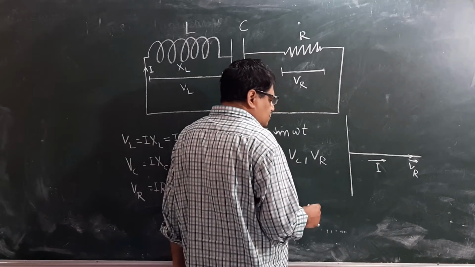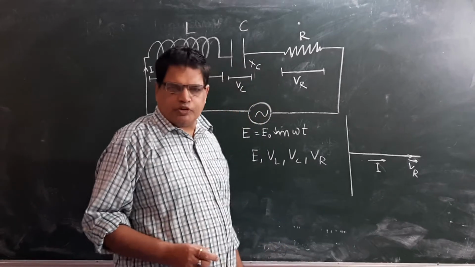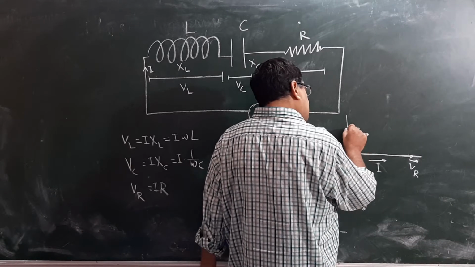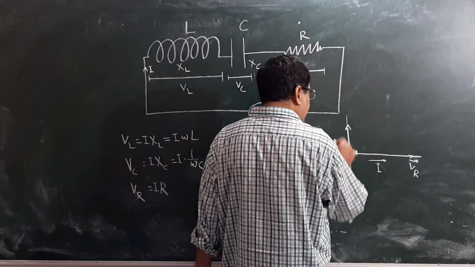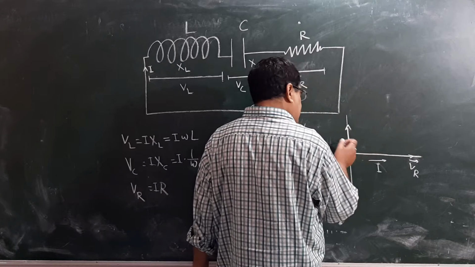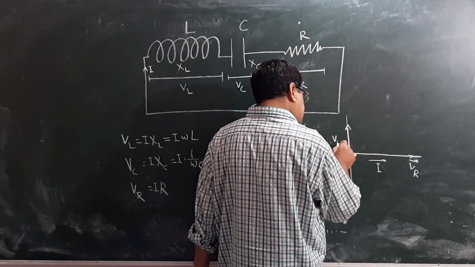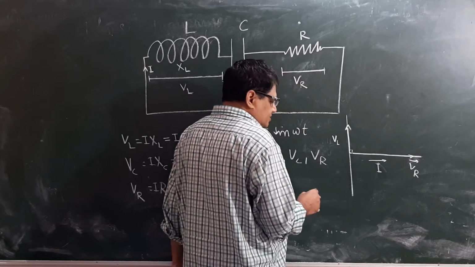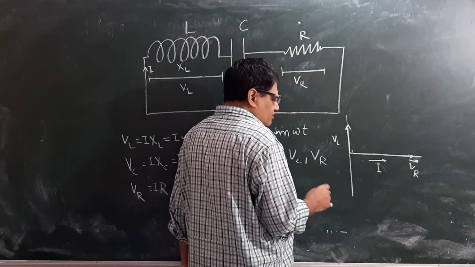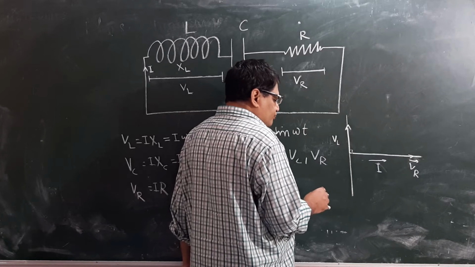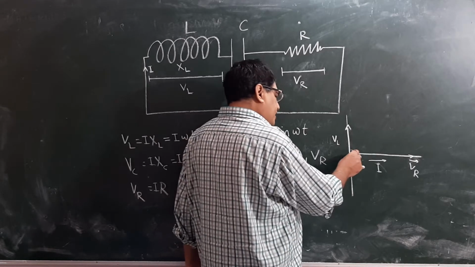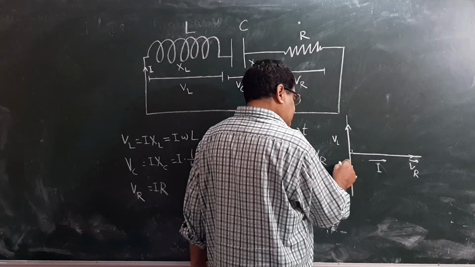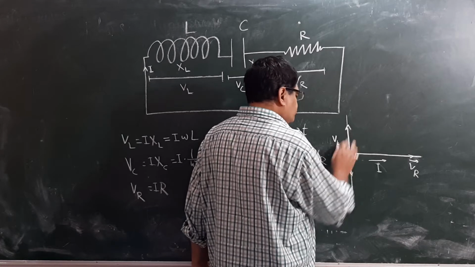Now we know that in a purely inductive circuit, the voltage across the inductor will lead by an angle of 90 degrees with respect to the current. So we can draw VL like this. And in a purely capacitive circuit, the voltage across the capacitor lags behind by an angle of 90 degrees. So we can draw VC like this. This is VC. So this is VL.